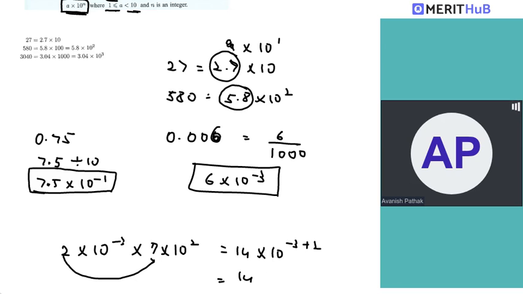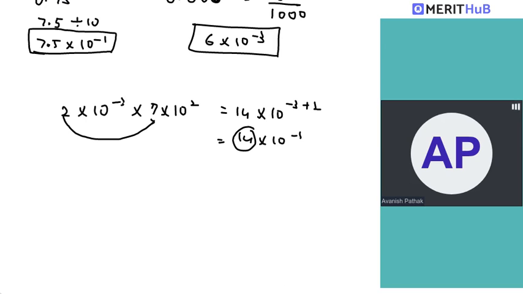That means we got 14 into 10 to the power of minus 1. Now 14 does not satisfy the criteria for a. So we have to put it into the a form. That literally means this is equal to 1.4 into 10 to the power 0. So that can be one of the standard forms that we are looking for.